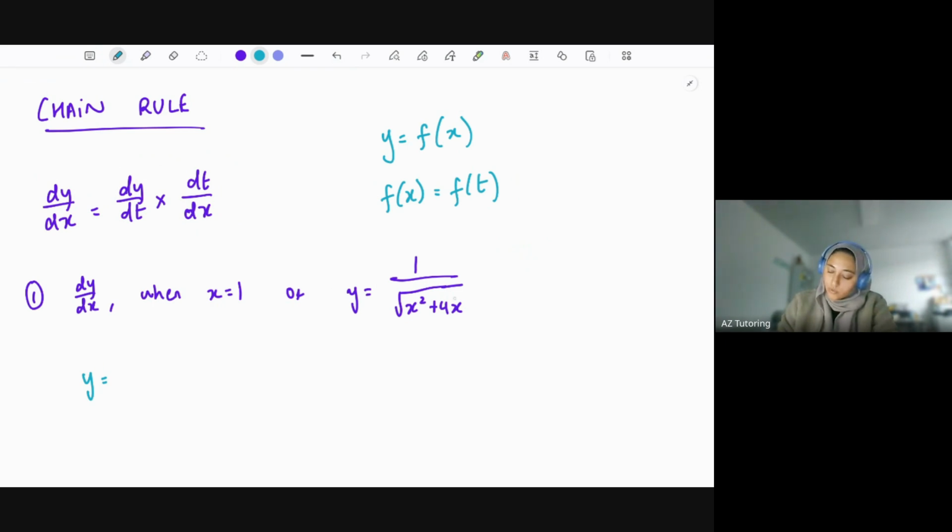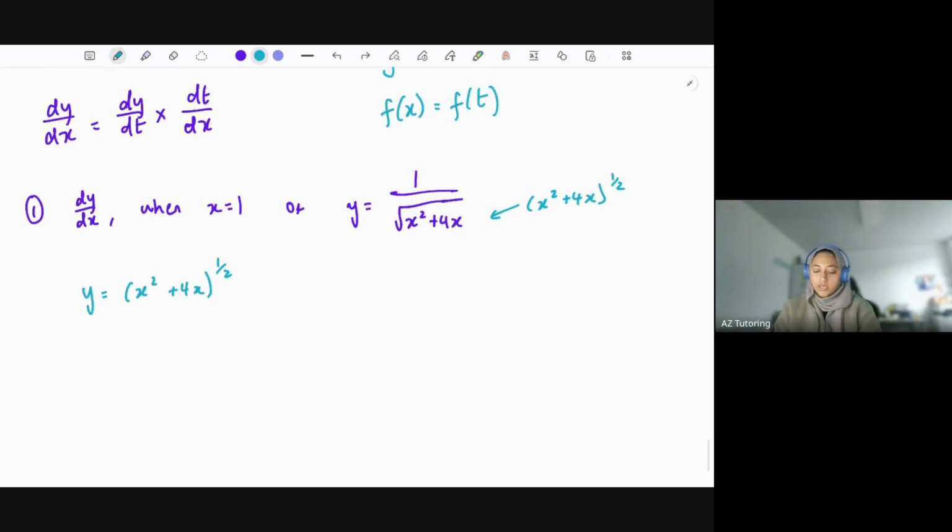So the square root changes it to, on the bottom anyway, x squared plus 4x to the power of a half, and bringing that to the top, that becomes minus a half. So y equals x squared plus 4x to the power of minus a half. Now we can't differentiate that as is because it's a function inside another function, so we have to use the chain rule.